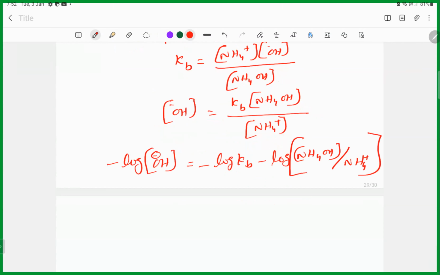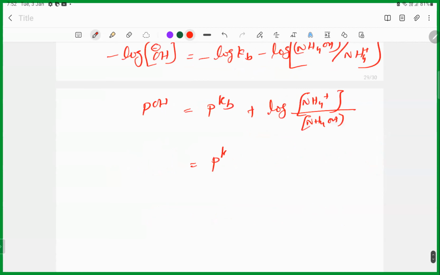So this becomes pOH, this becomes pKb. So now what do we do, we invert it, plus log NH4 plus divided by NH4OH. NH4 plus is the salt, so pKb plus log salt by base. The log of the concentration of salt divided by the concentration of base gives pOH.